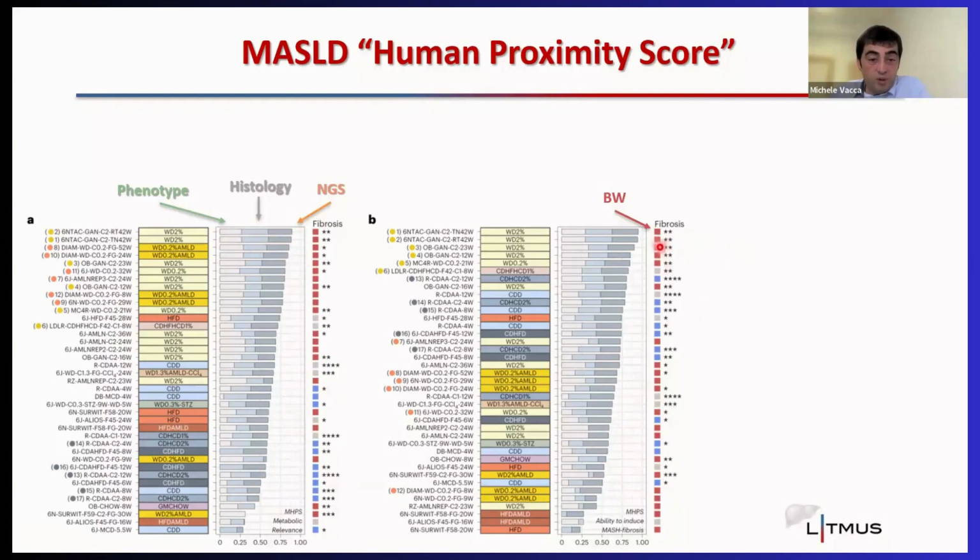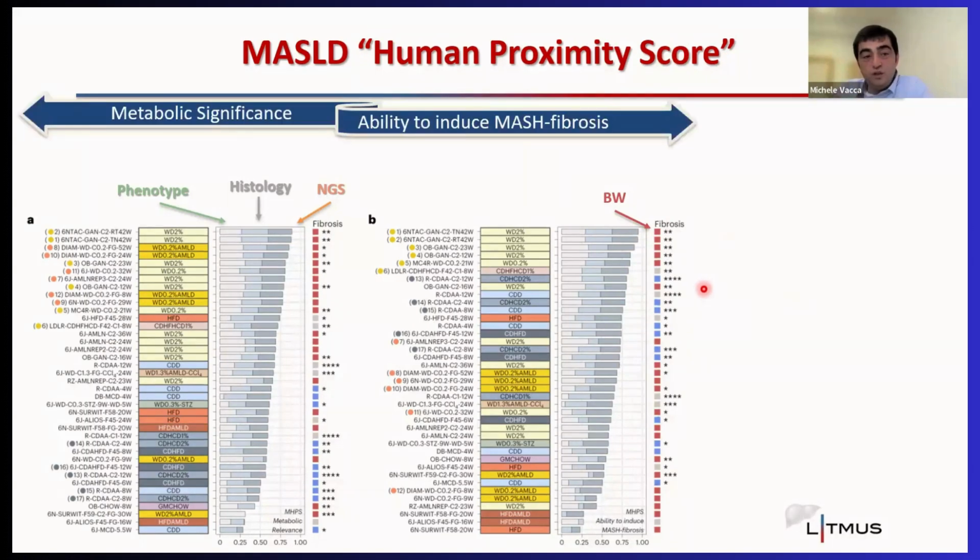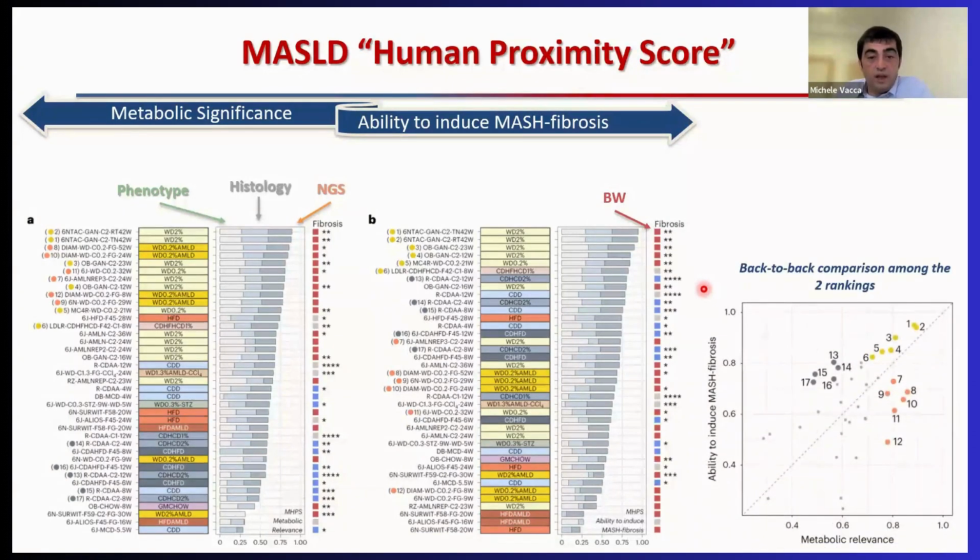You will find body weight gain in red, loss in blue, and you also find the information regarding fibrosis. The more stars, the higher the CRN score. Another important thing is that you find two rankings, the ranking for metabolic significance and the ranking for the ability to induce MASH fibrosis. And just to help you to navigate within the data, you also find a back-to-back comparison among the two rankings.